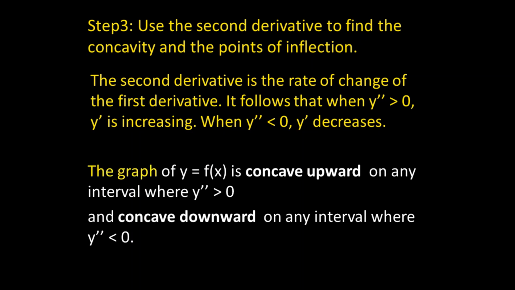The graph of y is equal to f of x is concave upward on any interval where the second derivative is greater than 0, and concave downward on any interval where second derivative is less than 0.